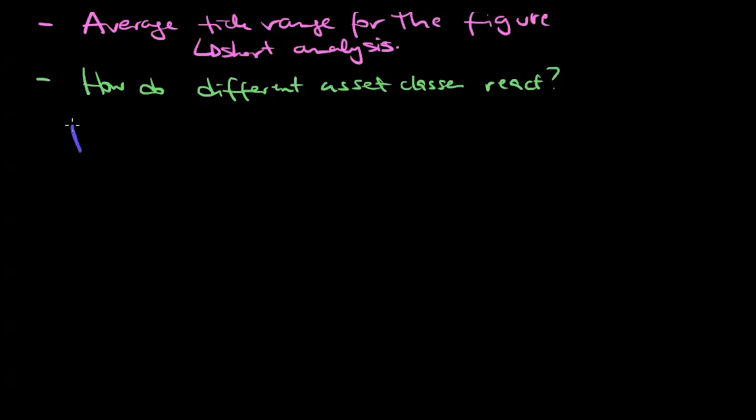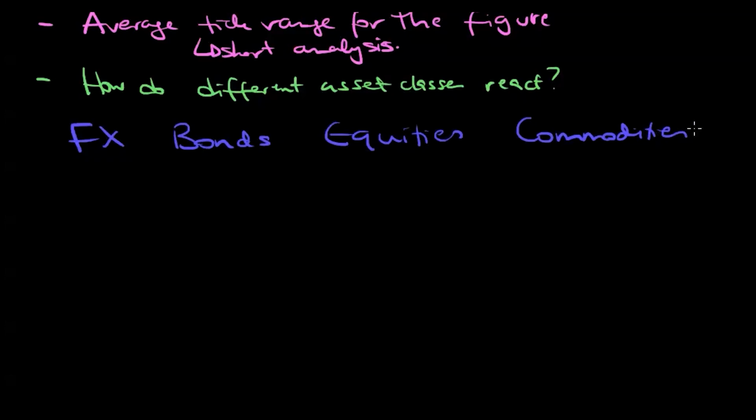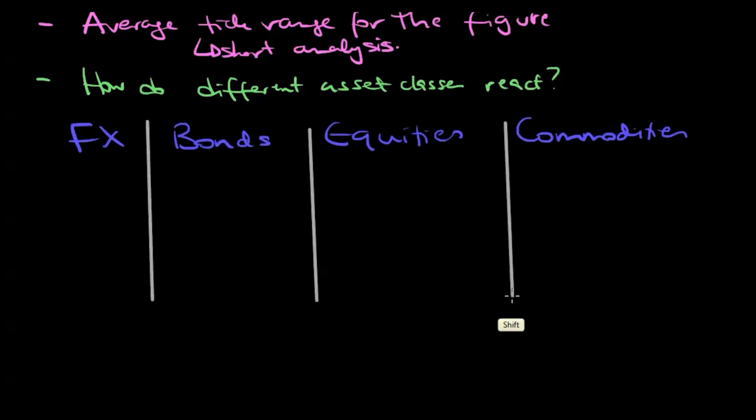We're going to look at FX, the bonds, equities, and commodities. In doing so, we can quickly sum up more or less how each of these is going to react. You can obviously be a bit more specific with FX. They're pairs, so you're going to have to do it more on each of the individual currencies.